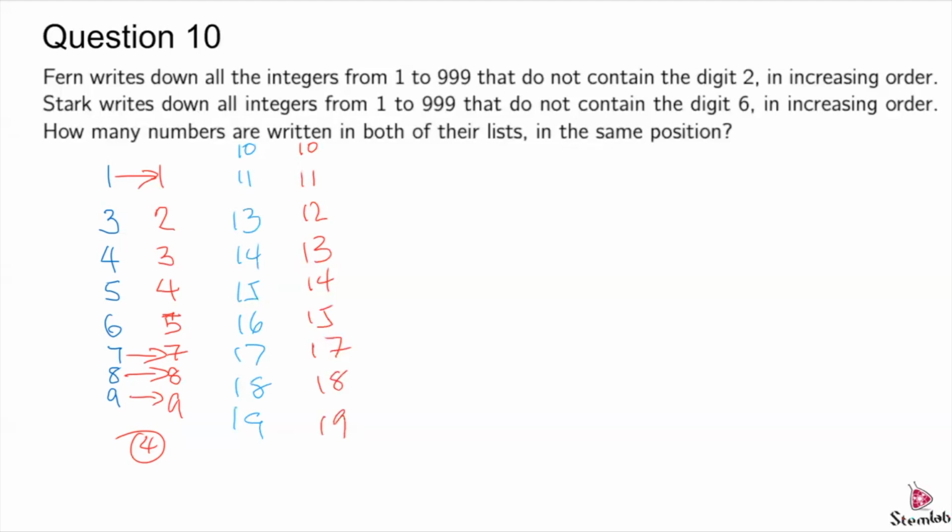Okay, so here there's 5 things that match, the front 2 and the back 2. Hopefully it's obvious that for 20 to 69, there's nothing that matches because one of them will skip the 20s, which means that they're offset by 10 integers, and it doesn't catch up until the 70s. The 70s actually follow the exact same pattern here. There's also 5, and so do the 80s and 90s.